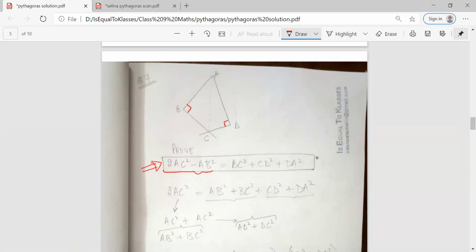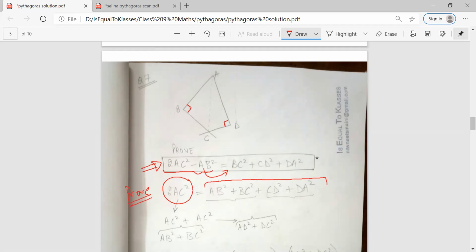I can modify this statement as: prove twice of AC square is equal to AB square plus BC square plus CD square plus DA square. Any doubt? No, sir.